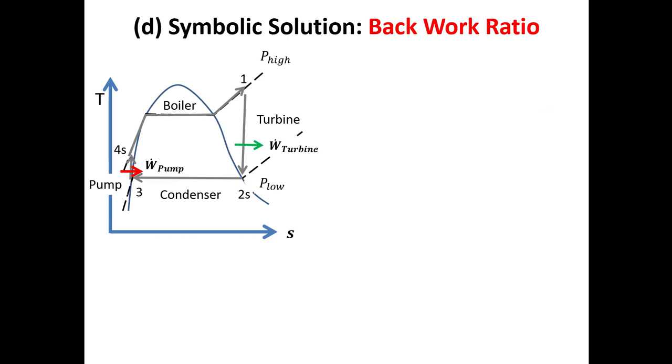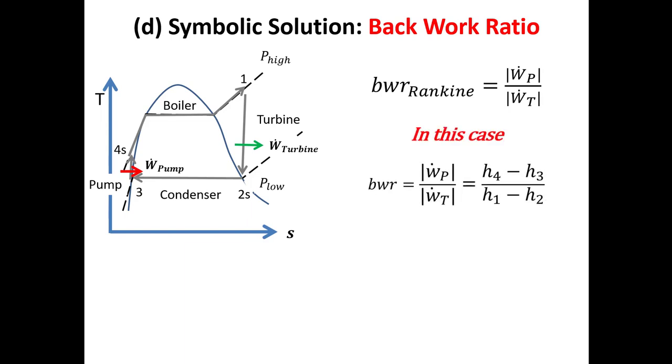So now I want a symbolic solution for my backwork ratio. Backwork ratio, we said, is the power of the pump divided by the power of the turbine. We want this value to be low because the first consumer of the power from the power plant is the power plant itself, so we want it to consume as little power as possible.